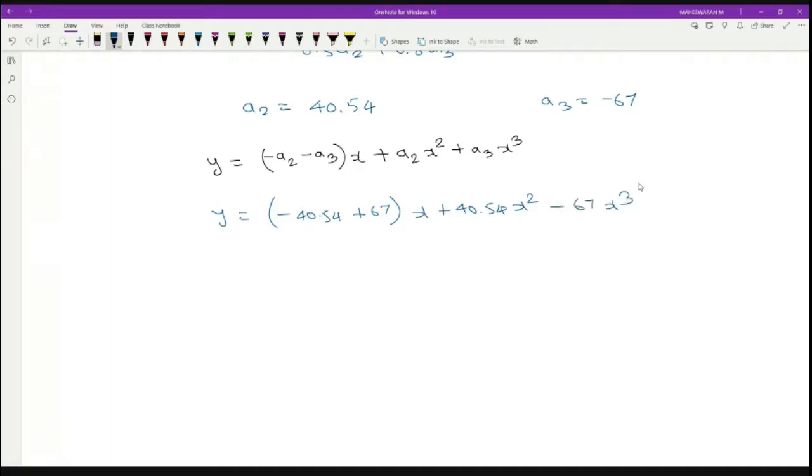So 67 minus 40.54, you're getting 26.46. So your y is equal to 26.46x plus 40.54 x square minus 67 x cube.